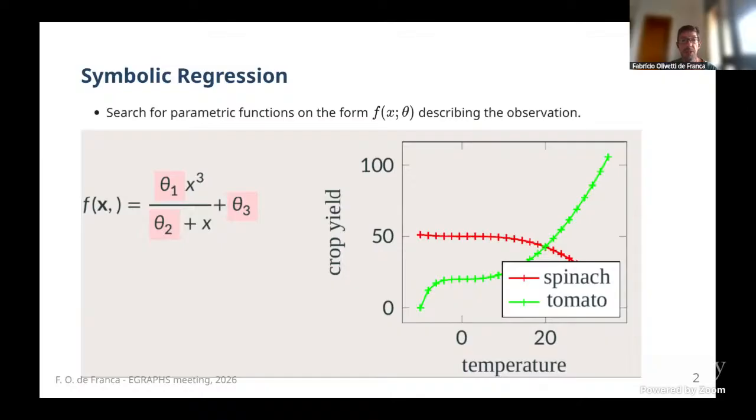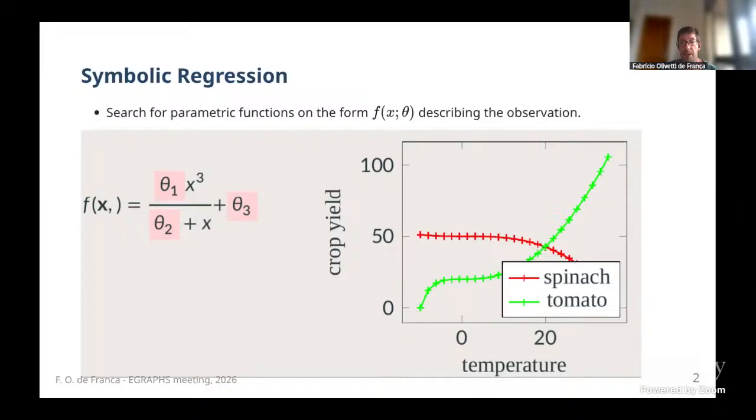So we are searching for a parametric function of this form, f of x and a parameter theta, that describes the observation. Let's say we propose this function here, and this function is applied to the problem of predicting the crop yield based on the temperature. And we can try to apply these same functions to different vegetables, fruits, different crops, and see if it fits well.